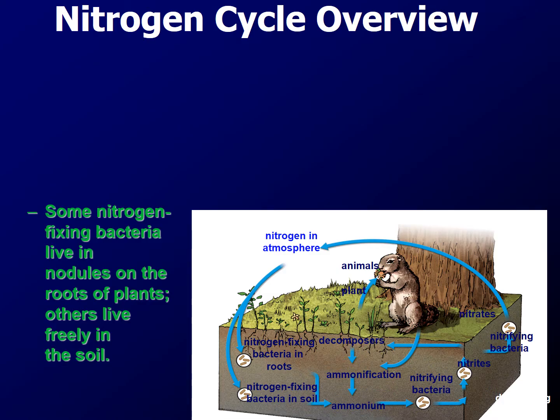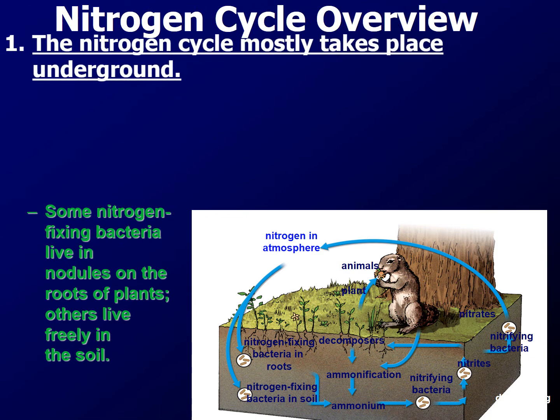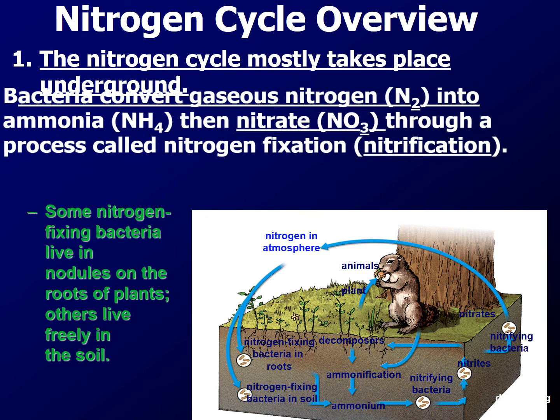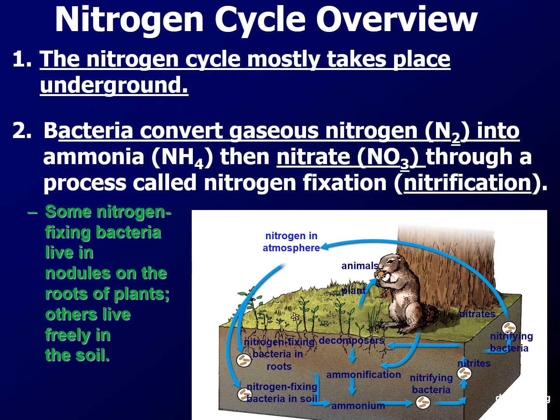Nitrogen cycle overview. Most of the nitrogen cycle takes place underground. Bacteria drives this cycle. Bacteria converts gaseous nitrogen into ammonia, then nitrate, through a process called nitrification, which is known as nitrogen fixing.